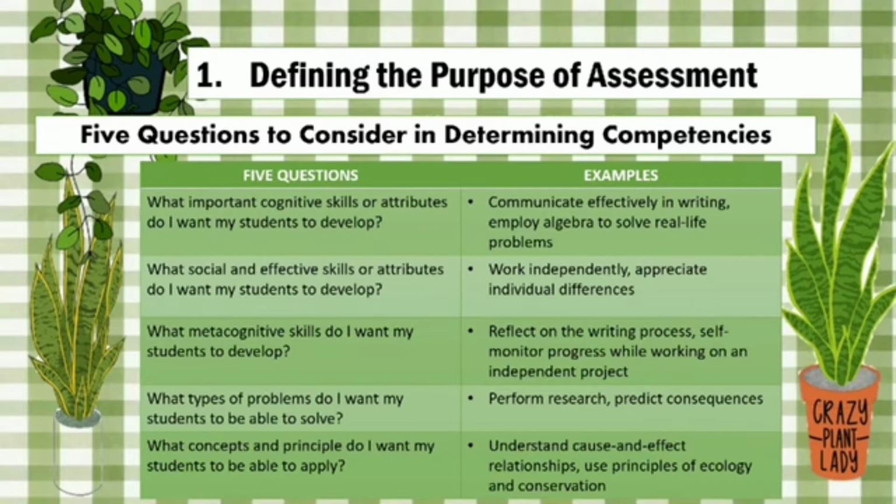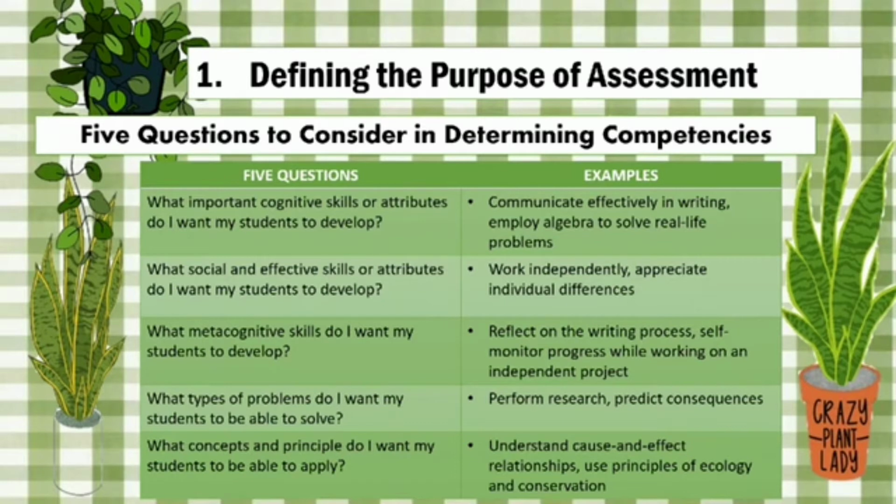Number 2, what social and affective skills or attributes do I want my students to develop? Example: work independently, appreciate individual differences. Number 3, what metacognitive skills do I want my students to develop? Example: reflect on writing process, self-monitor progress while working on an independent project.